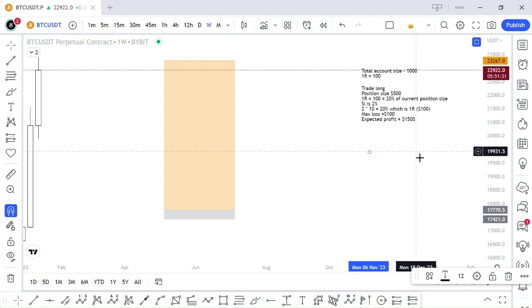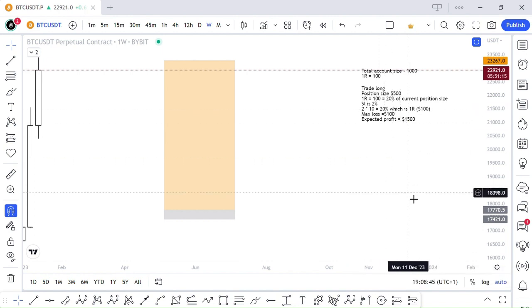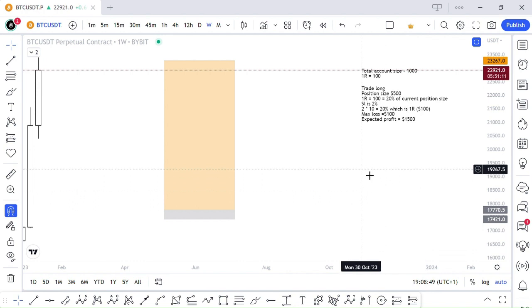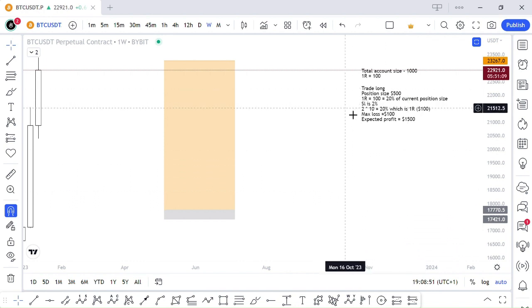But I'm just saying, try and learn as well. Don't just be mindless apes. You gotta adapt what I'm saying. Try and apply this on your own portfolio. So basically we are going to start out with 1R being $100, and if we have momentum, maybe we'll increase it, but maybe not, and we'll see.